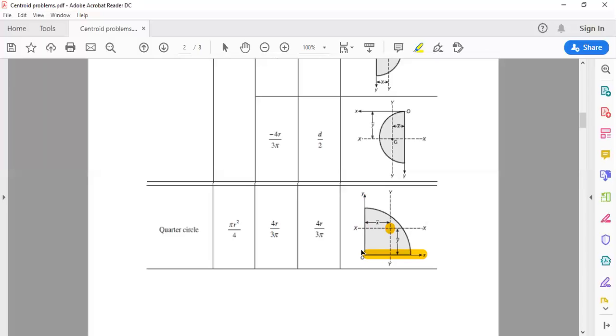And since it is measured in the positive direction of y, it is with the positive sign. So the distance of quadrant of a circle or a quarter circle, x bar or y bar, is 4r by 3 pi when they are measured from the face of the quadrant of the circle.